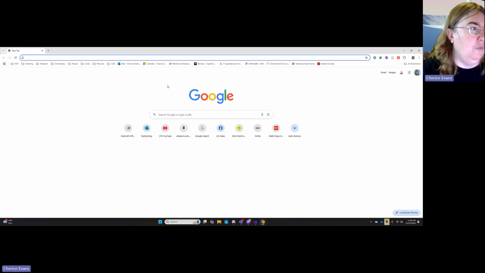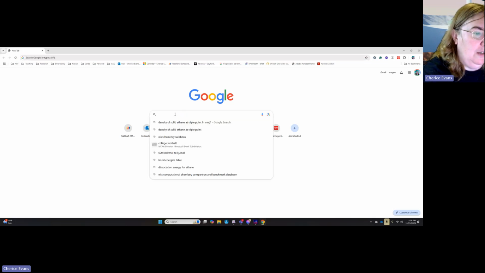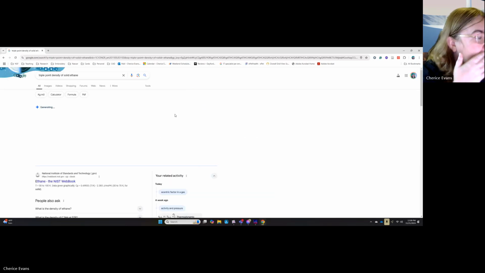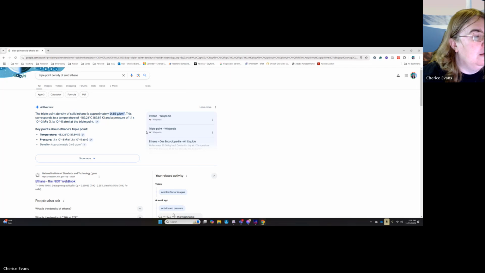I'm going to do one more search on this. Triple point density of solid ethane. Actually, 6.5 is what I got. 6.85 moles per liter. 0.65 grams per centimeter cubed.